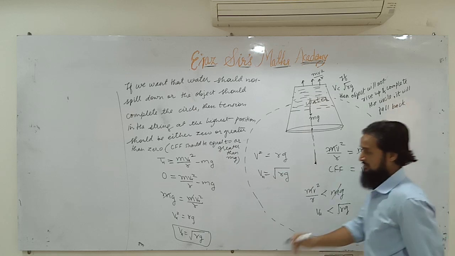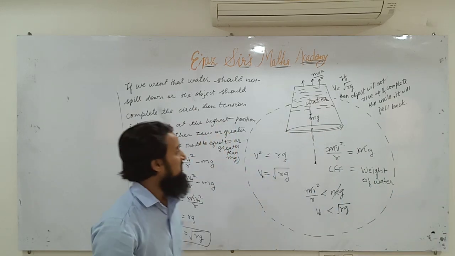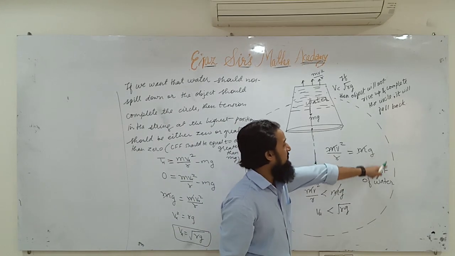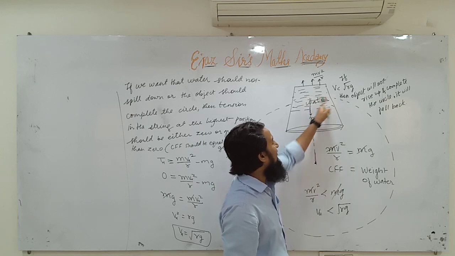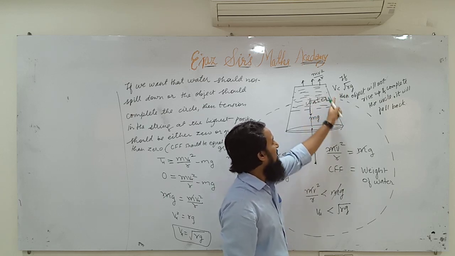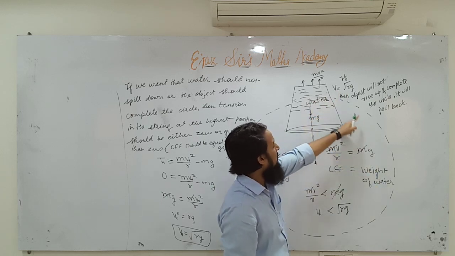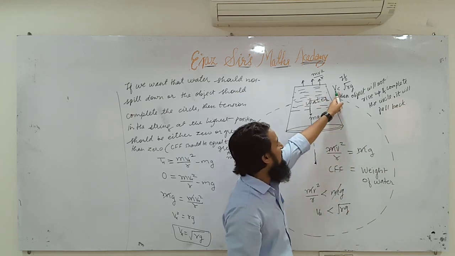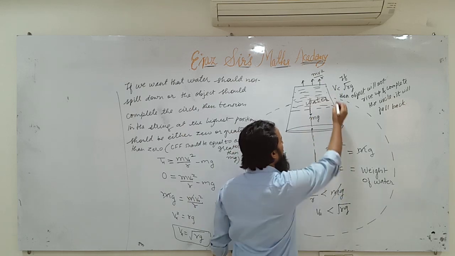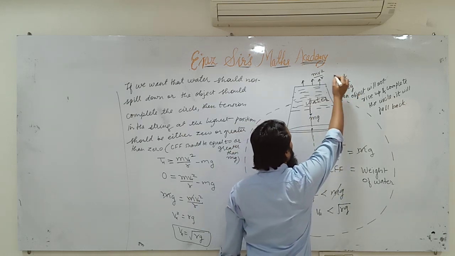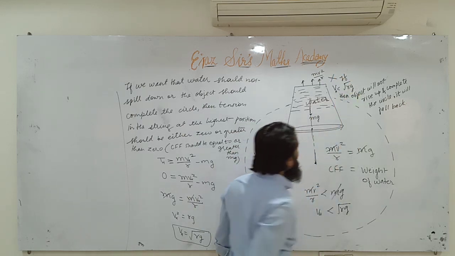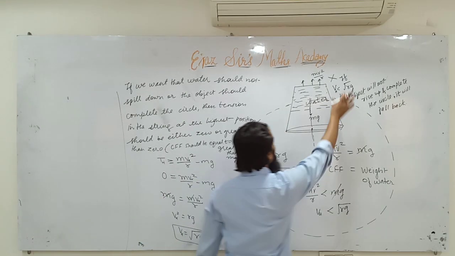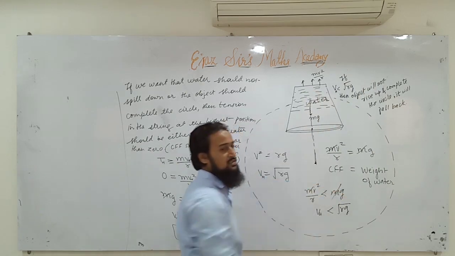If the minimum velocity here is less than root RG, then the object will rise up, and it will go back again. So it should be either equal to or greater than root RG. If velocity at the highest position is less than root RG, then the object will not be able to complete the circle.